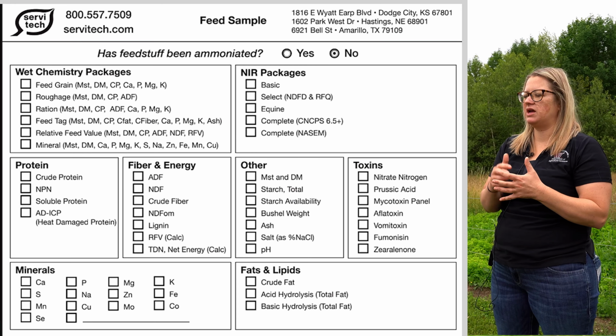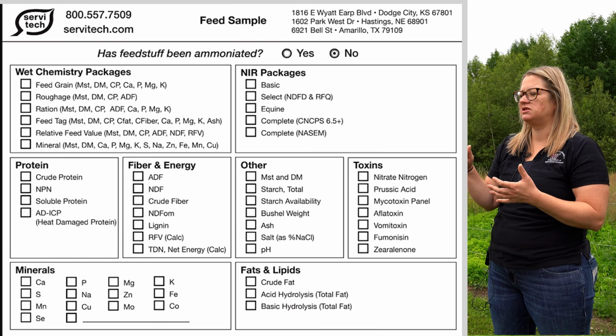But when you prepare to send that sample off, typically most labs would have either a sample bag that they would provide you with, or you can put it in your own bag, something like a Ziploc, and then send a sample form along with that sample. On that sample form, there's going to be a number of different analysis options that you can select.